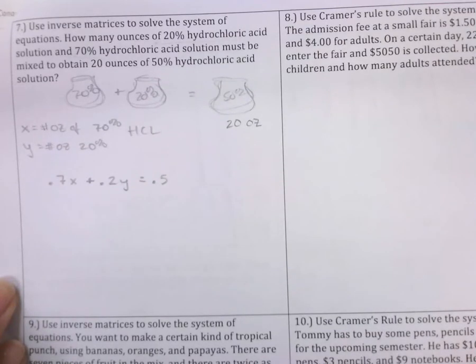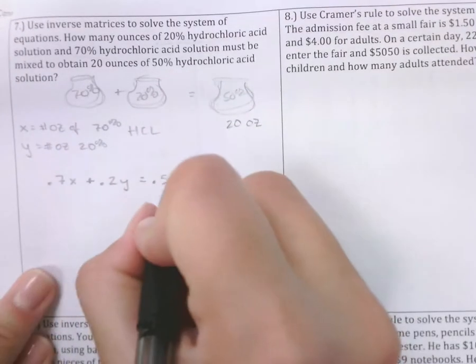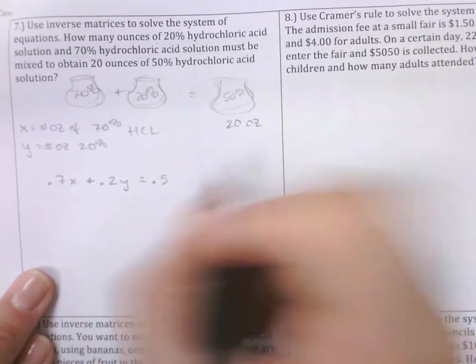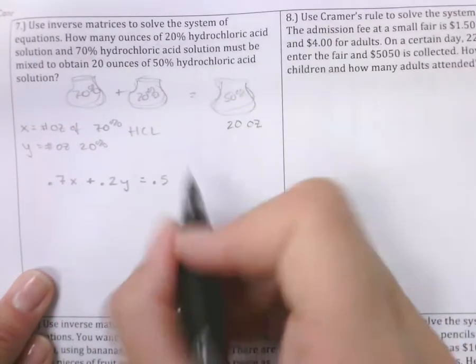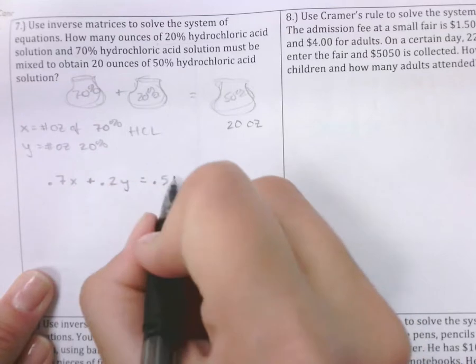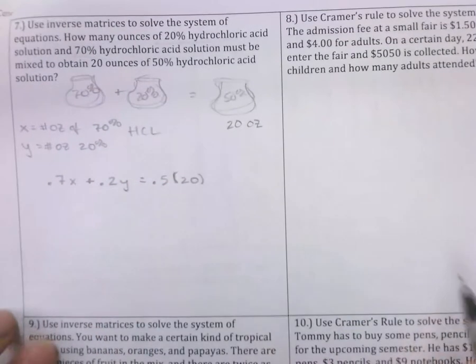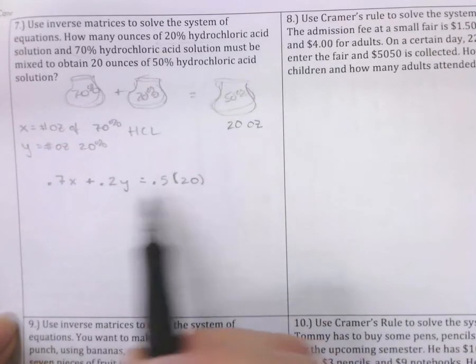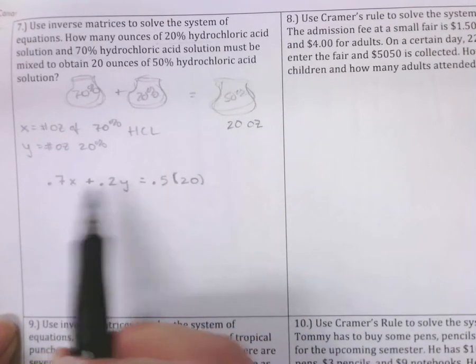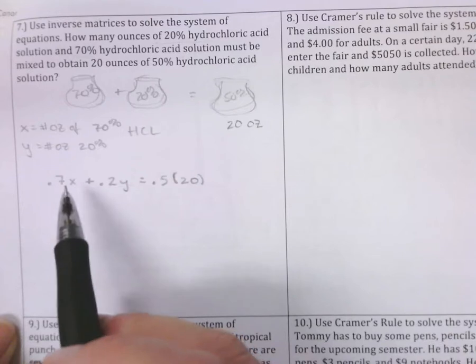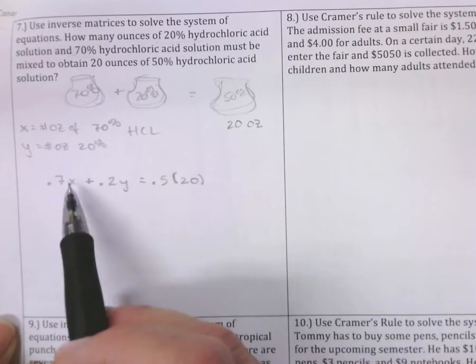How much of the 50% solution do we want to have? It's 20. So here we're going to put 20. It's 50% of the 20 ounces. We know that total is going to be 20. We just don't know what those will be each. Maybe it's 10 and 10. Maybe it's 15 and 5. Maybe it's 5 and 15.